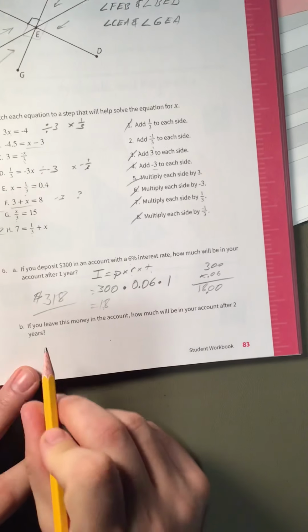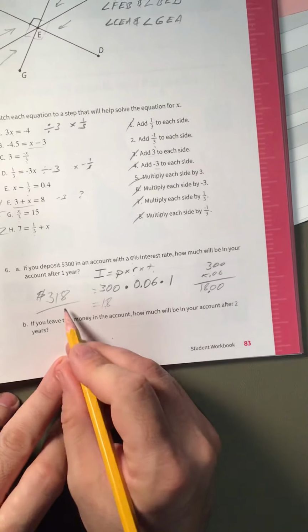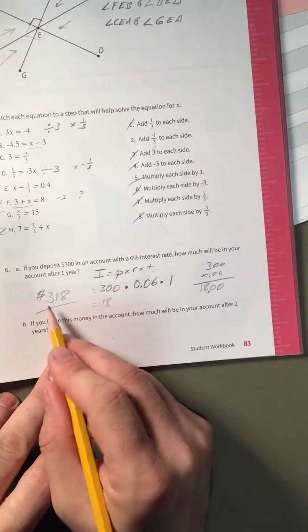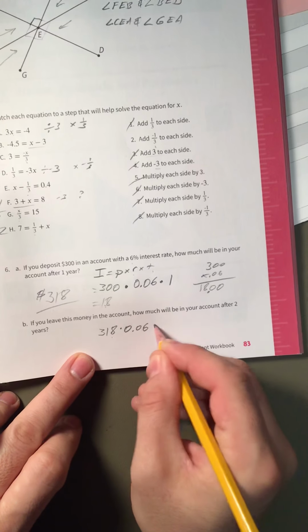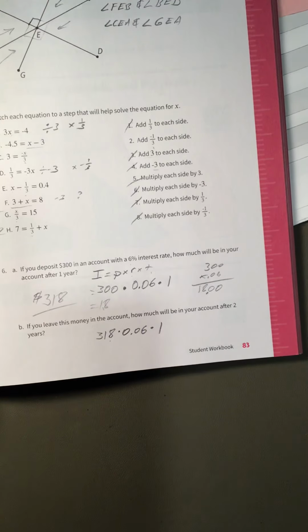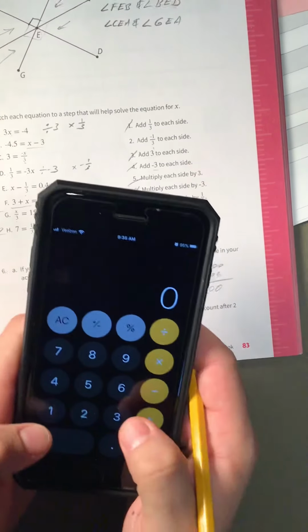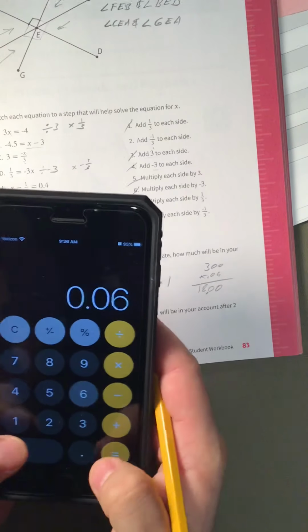How about if you left it in for another year? Now I have to do it again, but instead of starting with 300, now I have $318 in the bank for 1 more year. Now I did say you can use a calculator, so we are going to do that. 318 times 0.06.